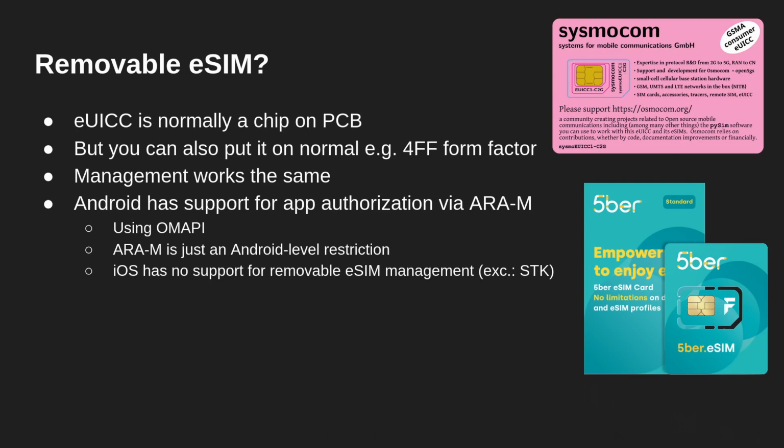For Android, you can actually put a special field on the physical SIM card that tells Android to allow a specific app to talk with the SIM card using an authorized channel, which is using the OMAPI, Open Mobile API, which can be used to access the secure element in the SIM card.